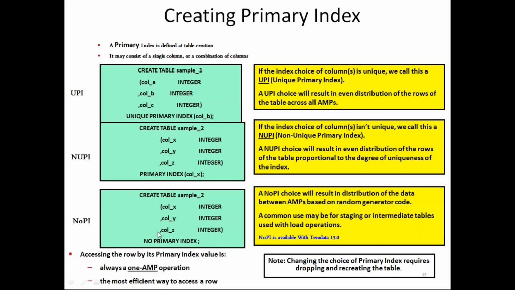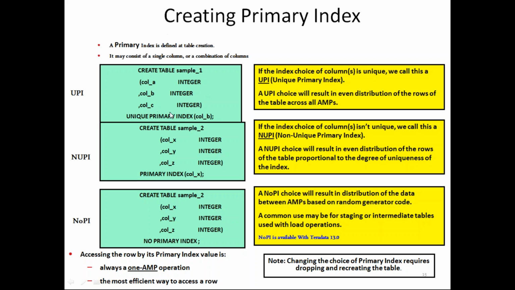And if I don't put this phrase at the end of the table definition, what happens? It would by default take the unique column as a unique primary index if one exists. If there is any column that is imposed with a unique constraint, that column would be considered as a unique primary index by default. If there is no column with a unique constraint, then the first column will be considered as a non-unique primary index by default.